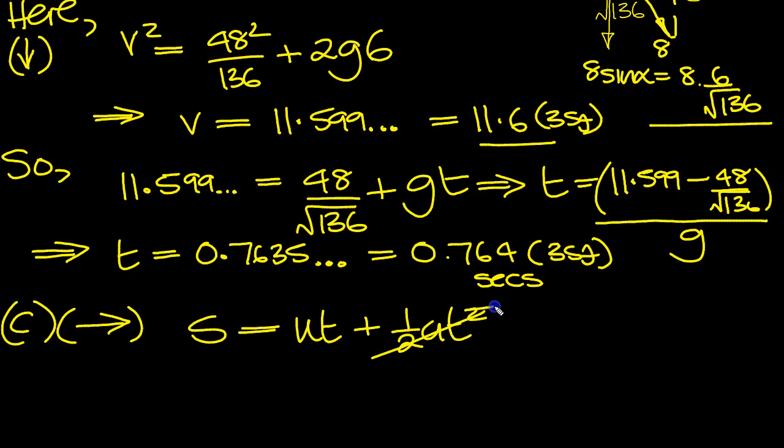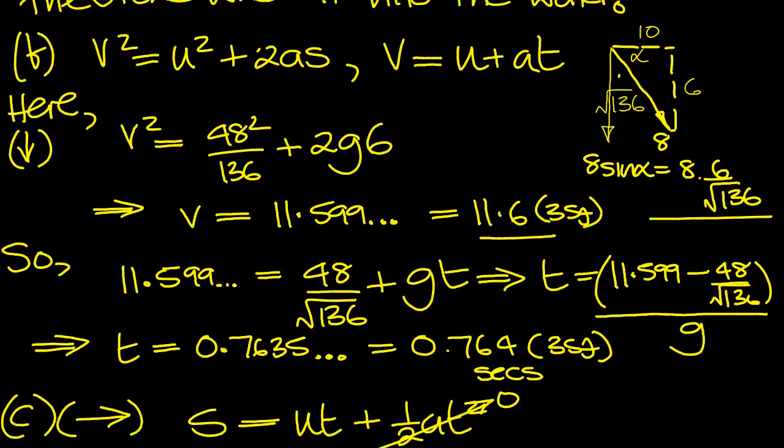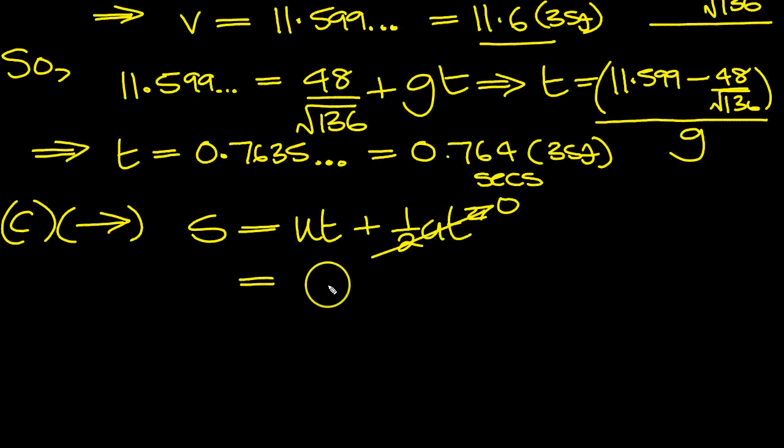The acceleration horizontally is 0, so s is equal to u times t. U horizontally is 8 cos alpha, which is 8 times 10 over root 136, times the time, 0.7635.